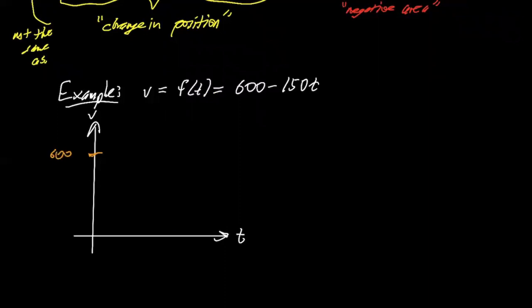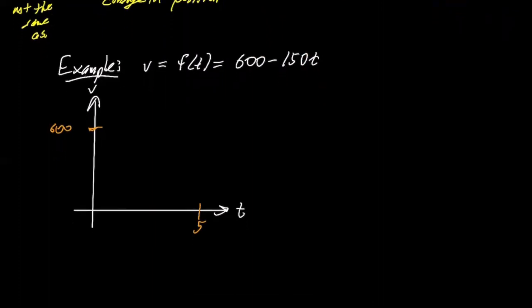And then if you think about when you get to t equals 5, if you plug in 5 right here, you get 600 minus 750. You actually get negative 150. So in fact, you end up below, down here somewhere. I really should extend the axis here. And so that is at height negative 150.